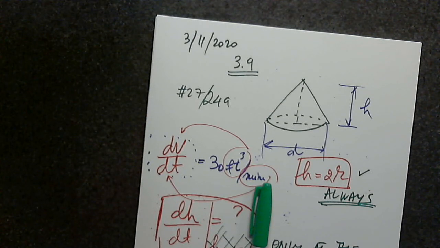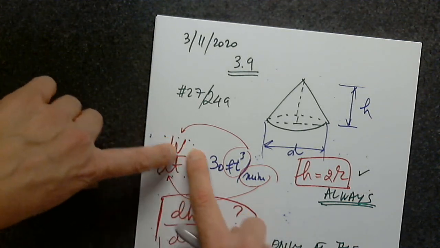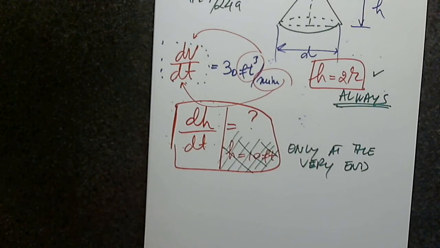And when I'm done, I solve for what I'm interested in, and then I plug in all numbers that are needed. So then, in this particular situation, I will have to come up with an equation that relates this to this. Volume of a cone, yes.